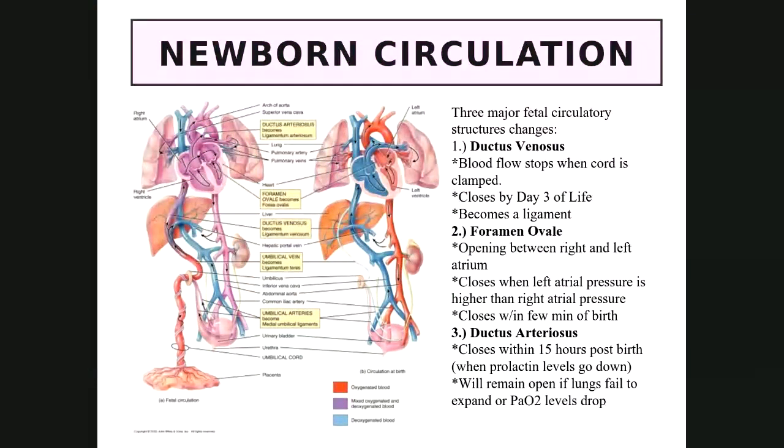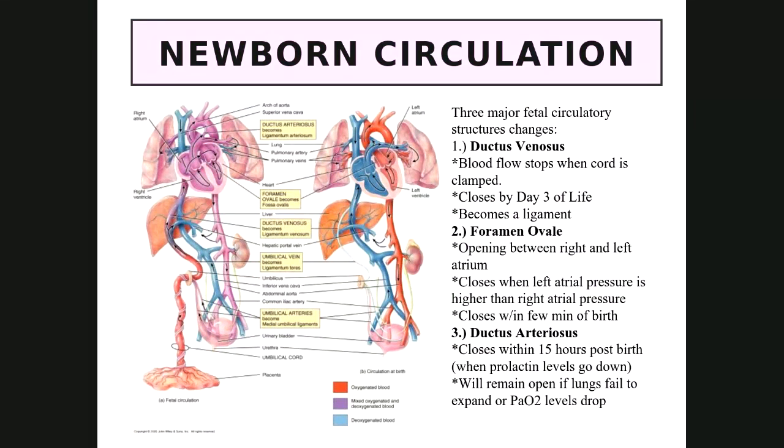And then once the baby takes a breath, you have a decrease in pulmonary pressure, right? And blood prefers to go to the lungs because now there's decreased pulmonary pressure.